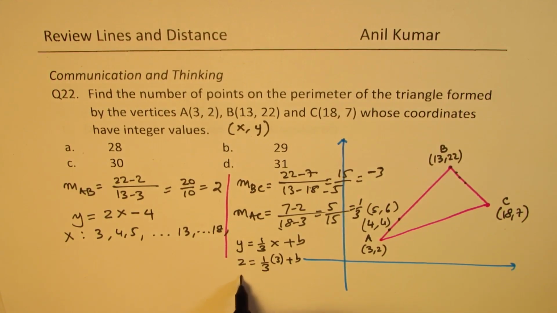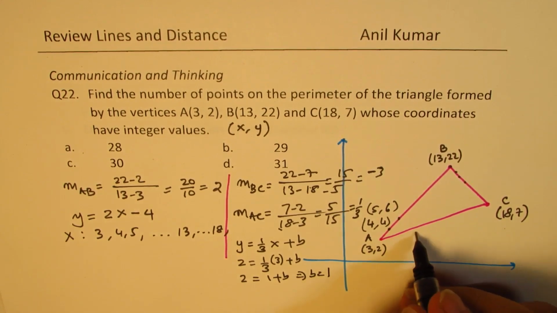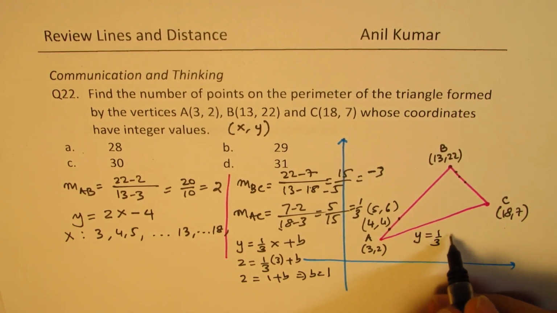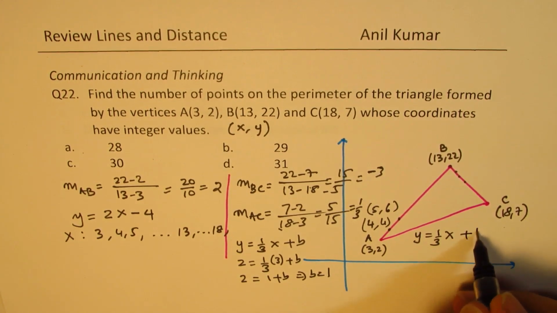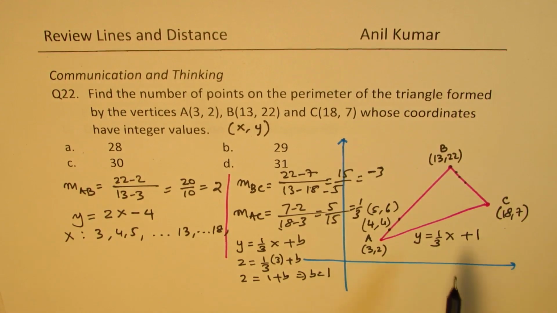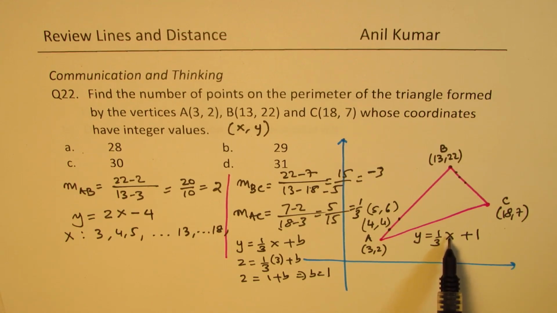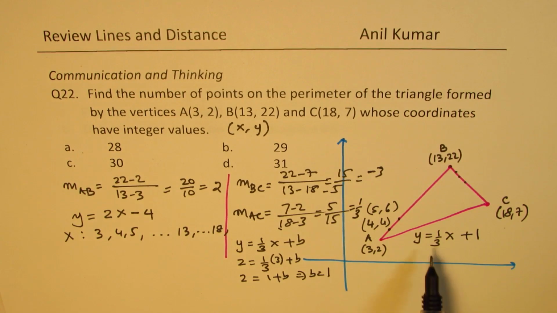So we get 2 equals 1 plus b. And that gives you the value of b as equal to 1. So equation of this line is y equals 1/3 of x plus 1, correct? Now, only values of x which are multiples of 3 will lie on this line. You get the idea? Only values which are multiples of 3.